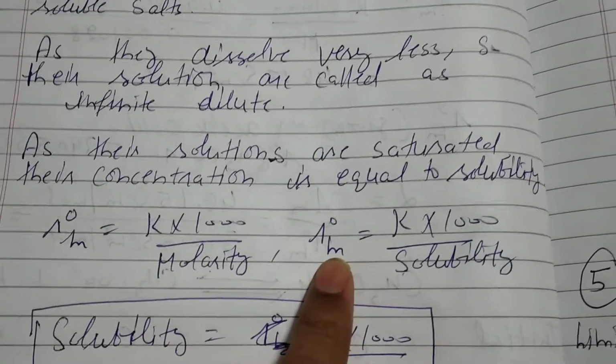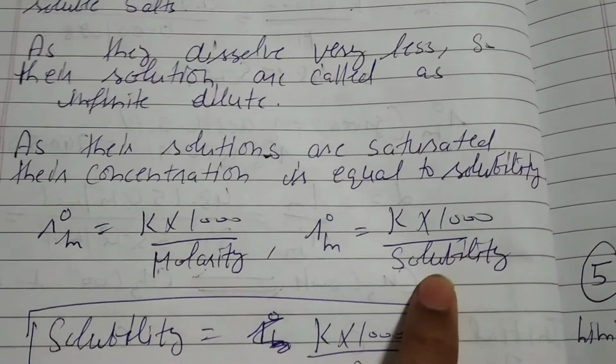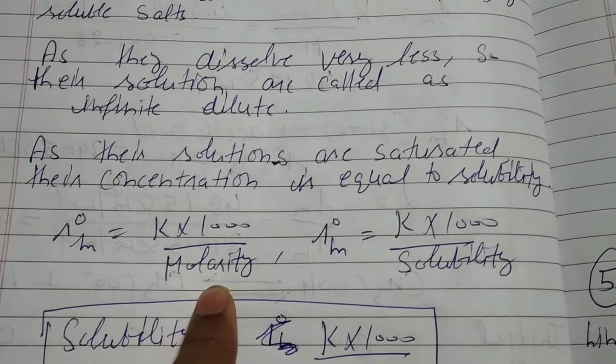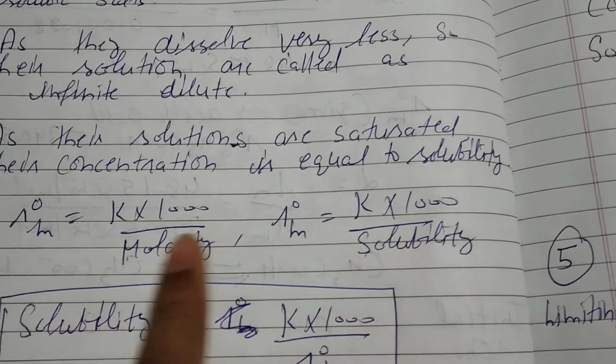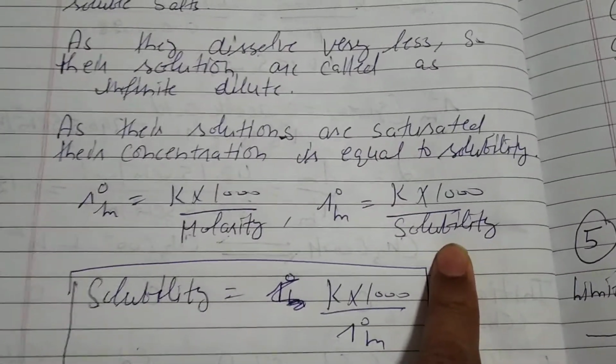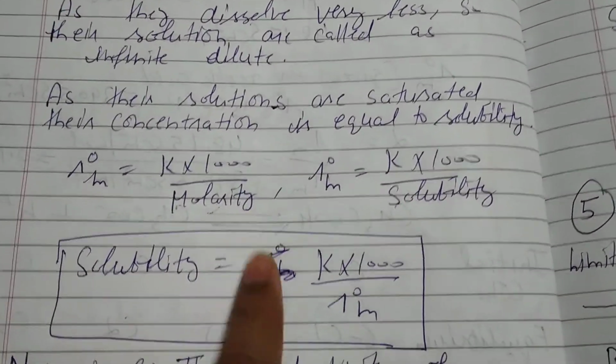Okay, so Λ°m is equal to kappa into 1000 by solubility. I already told that molarity is a concentration, so molarity can be considered as the solubility. So we can take molarity as solubility, okay, when their concentration does not change in a saturated solution.